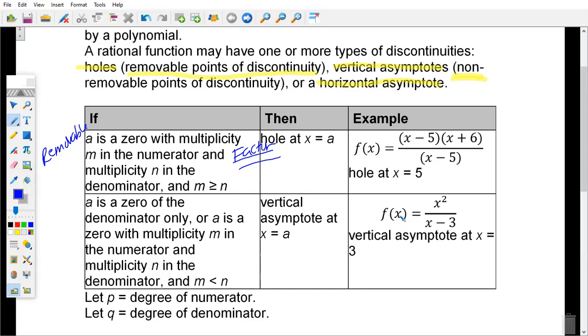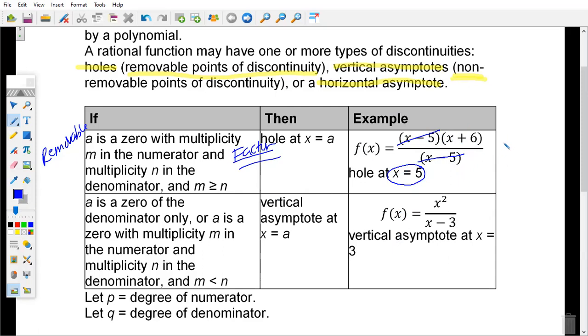These are factors, the binomials. Notice here that each one has x minus 5. There's an x minus 5 in the numerator and an x minus 5 in the denominator. So I can remove them, which means that there's going to be a hole at x equals 5.